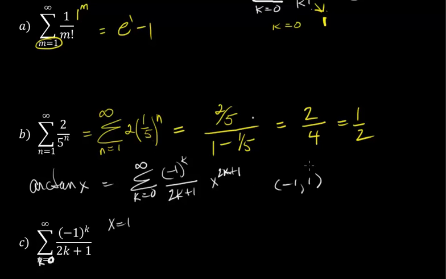So you're not absolutely sure whether it converges at 1. So this wasn't a good problem for me to write. It does converge at x equals 1, but we didn't prove that in class. It converges at that endpoint. So it converges to arctan 1, which is pi over 4.